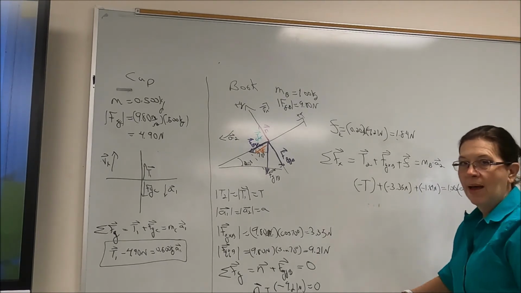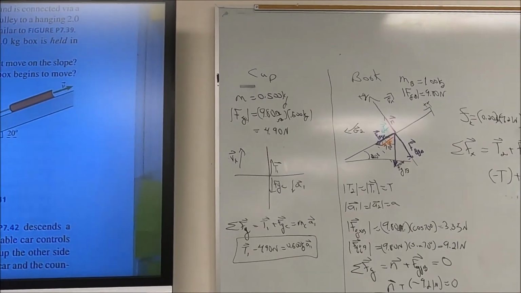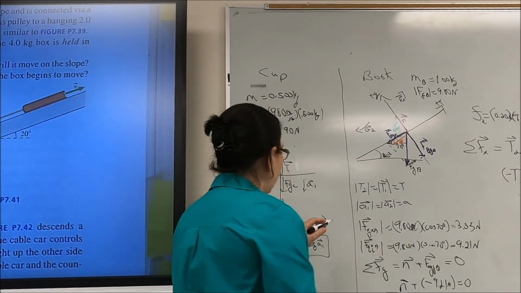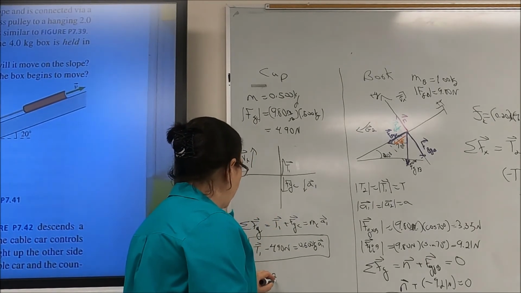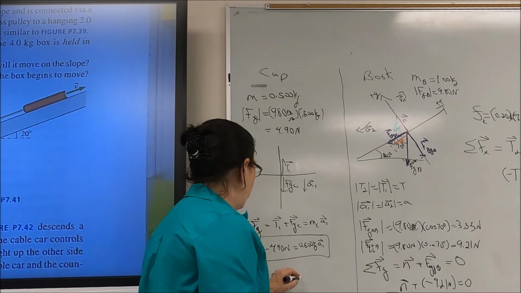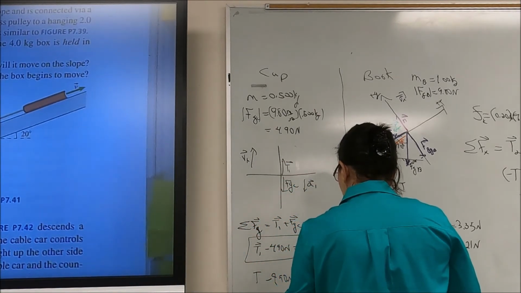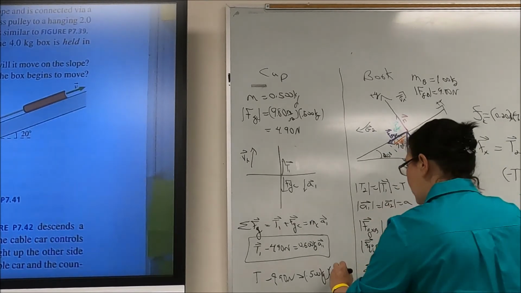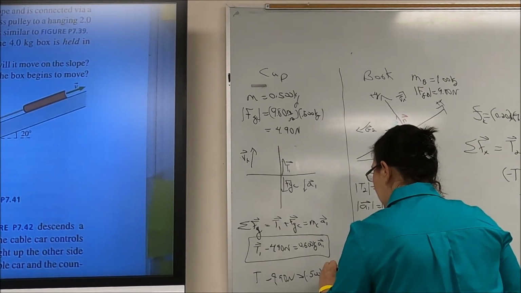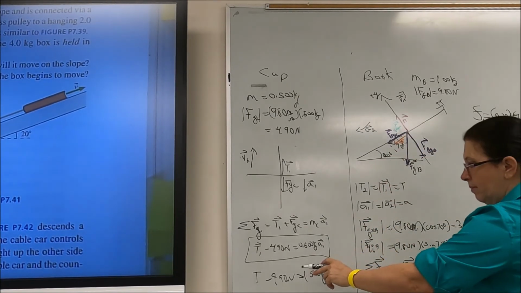Now I'm going to take my other equation here. I said that T1 equals T2 equals T, so I get T minus 4.90 newtons is equal to 0.500 kilograms. And I said that A1 equals A2 and it has a magnitude of A, so this would be minus A. So now I have two equations, okay?